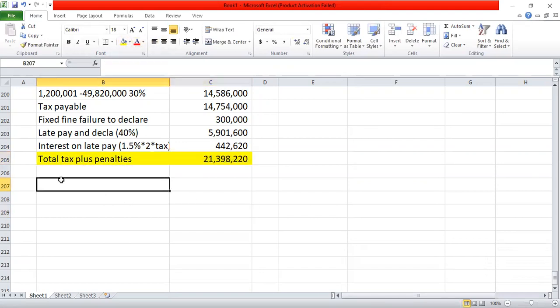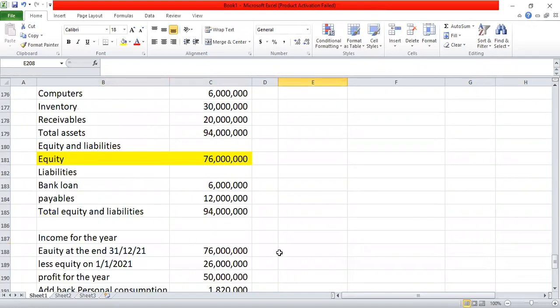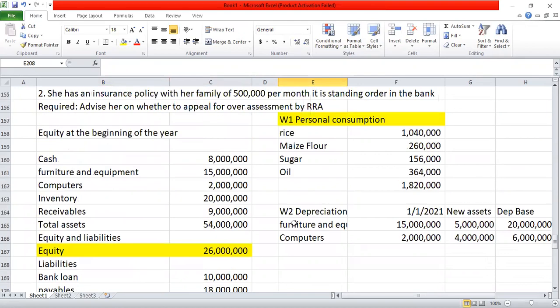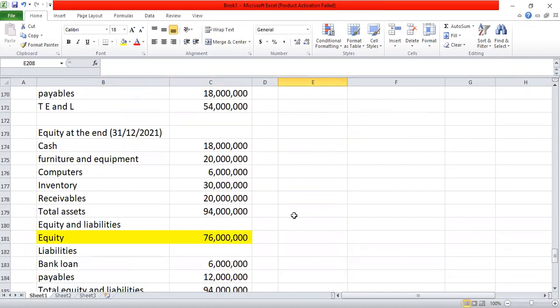So the notice of assessment issued is 15. So the question is, we are advised whether she should appeal for overassessment.